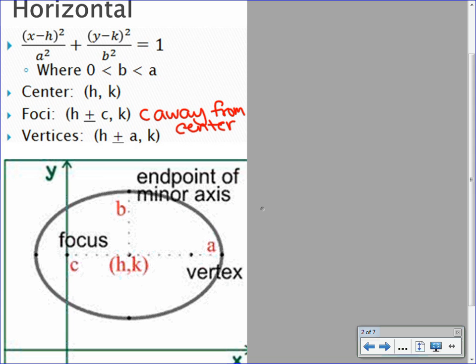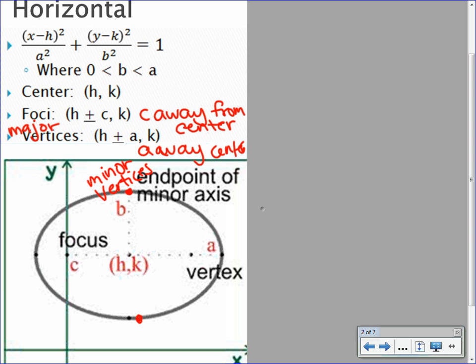What I'm going to write here is that our major vertices are going to be a away from the center. And I'm going to call these right here our minor vertices.